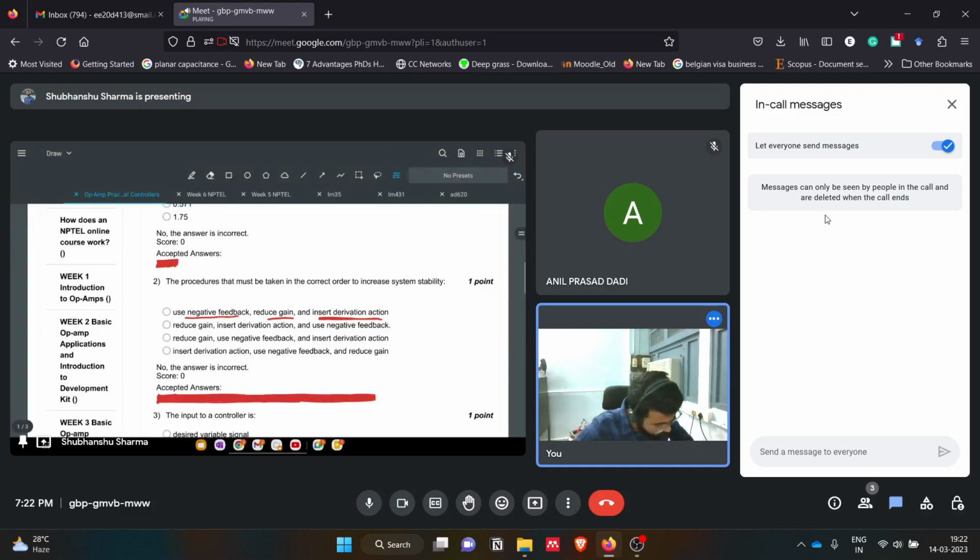Another is reducing the gain first, then using the derivative action, and then giving it to the negative feedback. Then another is reduce gain, then use negative feedback and insert derivative action. Then there is first insert derivative action, then use negative feedback and then reduce the gain.